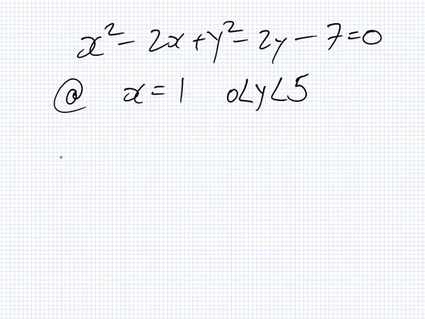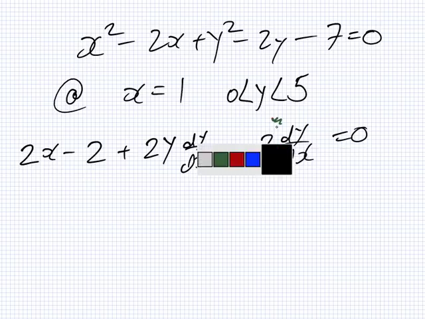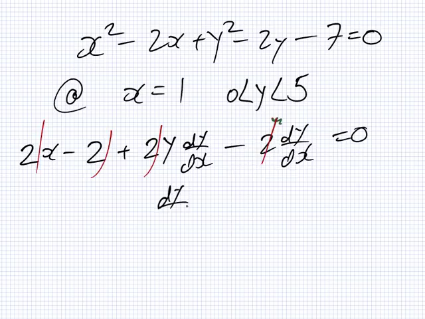The derivative here will be 2x minus 2 plus 2y dy/dx equals 0. What can I cancel? I'll get dy/dx equals minus (x minus 1) over (y minus 1).